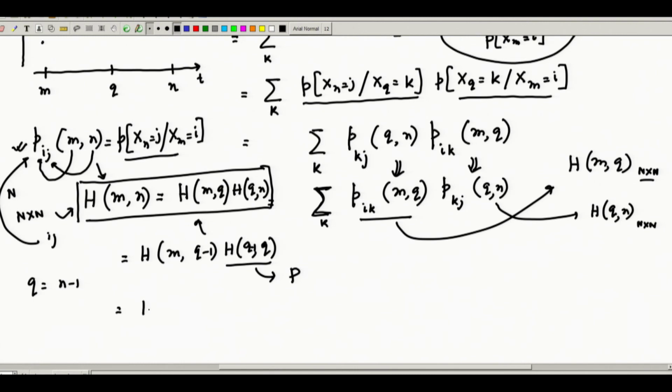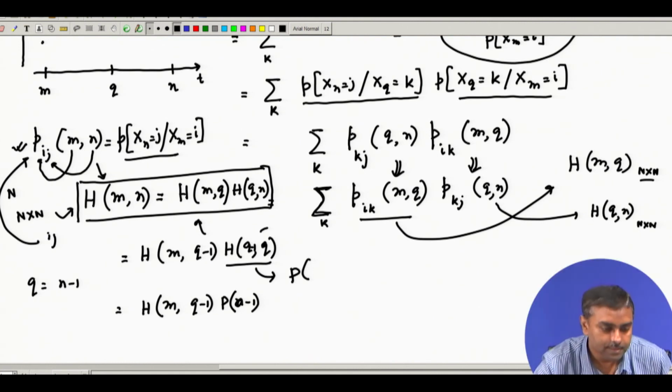So, I can write h m q minus 1 into P. If I do not want to drop the time, I can still write that. If I say I do not know whether it is homogeneous or not, I can still keep that it is P n minus 1. Whatever way you designate, so that should be q equals n minus 1, sorry, let me just write it properly.